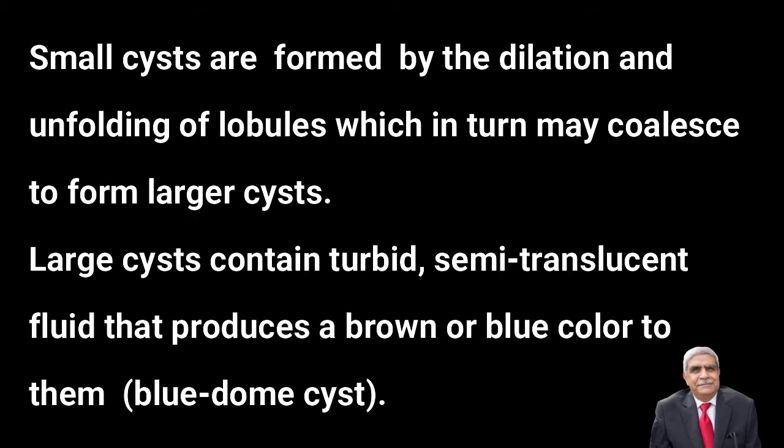Cyst formation. Small cysts are formed by the dilatation and unfolding of lobules, which in turn may coalesce to form large cysts. Large cysts contain turbid, semi-transparent fluid which produces a brown to blue color, resulting in the formation of a blue dome cyst.